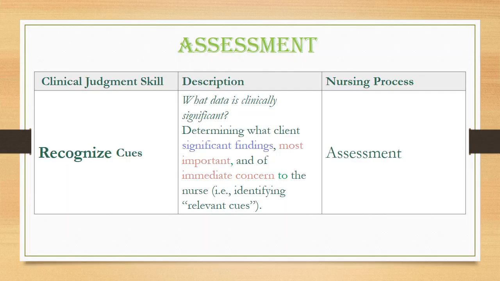The clinical judgment skill of a nurse is recognizing the cues when doing an assessment. So she must recognize what the significant findings are, the most important and of immediate concern. When she realizes these cues, she is doing a clinical judgment.